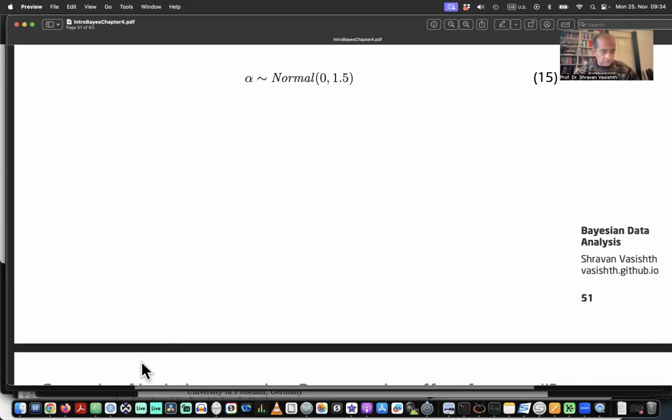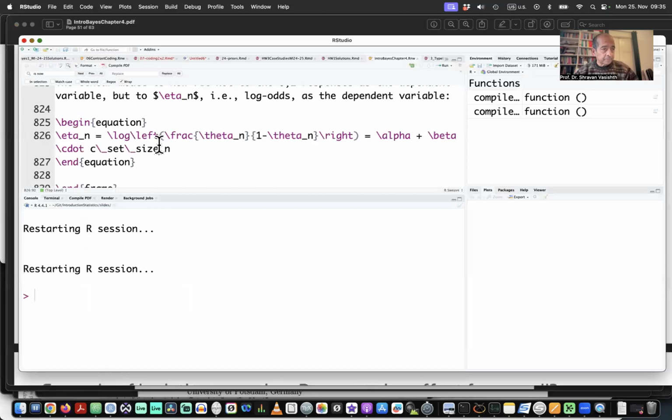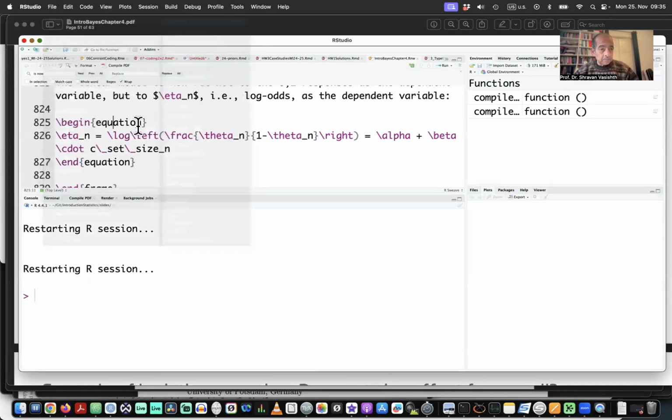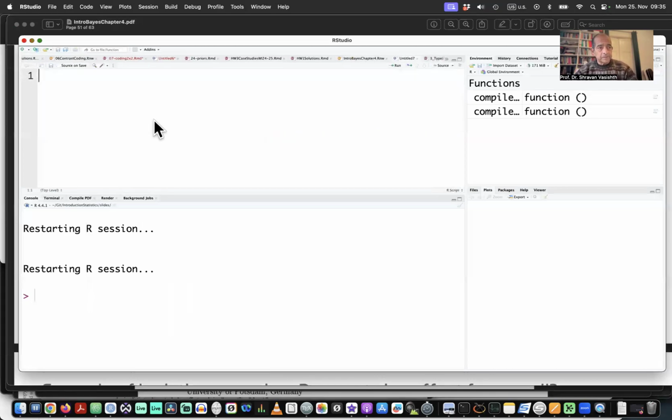So maybe I'll just do something, just for fun. Let me try this. In a very primitive way, one could produce some log odds values from my prior. So I'll call it alpha.